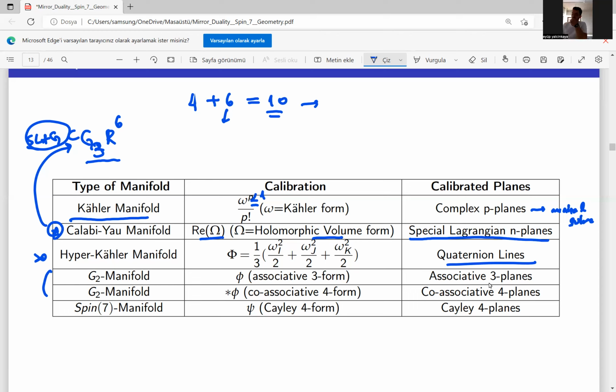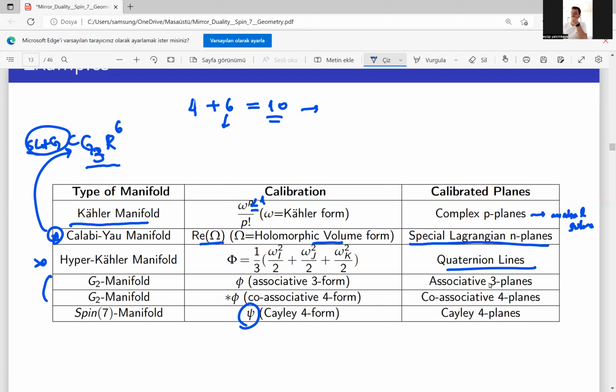That's important. Spin 7 manifold is also another calibrated geometry, a calibration defined with a phi, or C, whatever you want. The important part is the name.